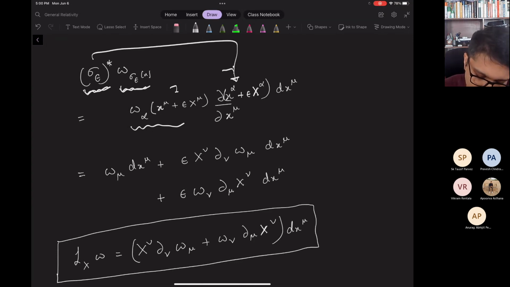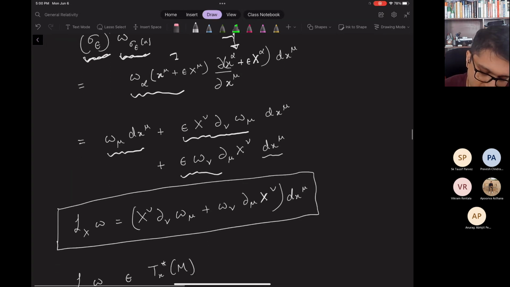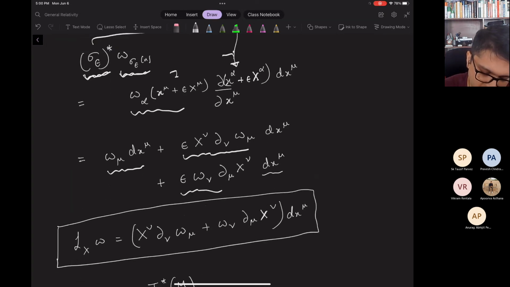When I expand it all out to order epsilon, I get omega_mu dx^mu plus epsilon X^nu partial_nu omega_mu dx^mu plus epsilon omega_nu partial_mu X^nu dx^mu. Putting it all together, I take the difference with the original omega, divide by epsilon, and take the limit as epsilon goes to 0.